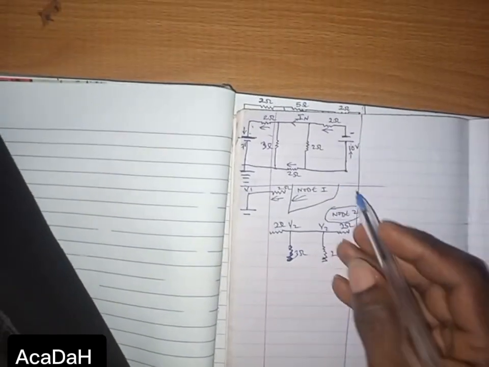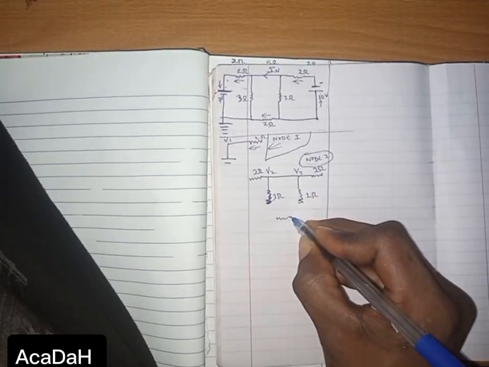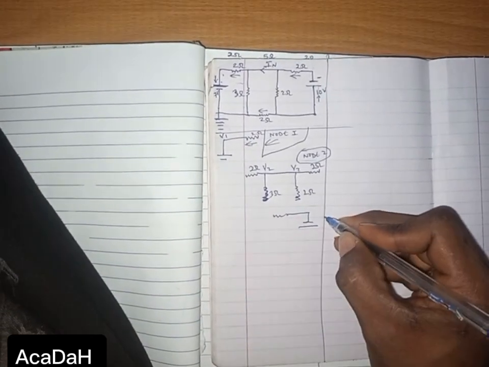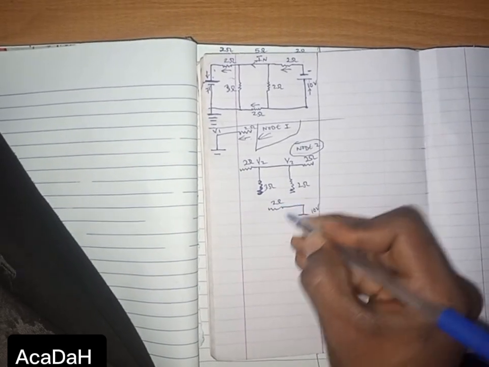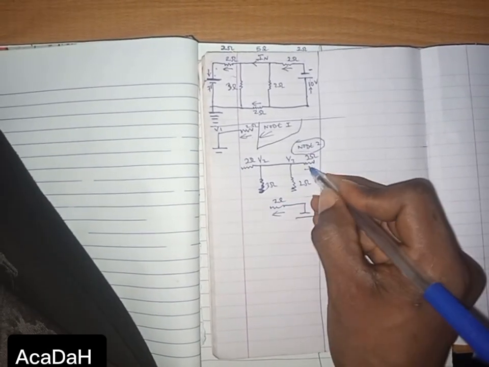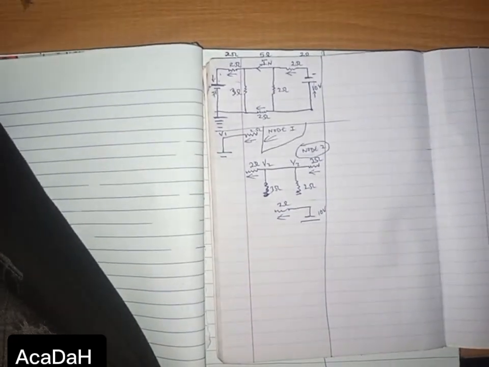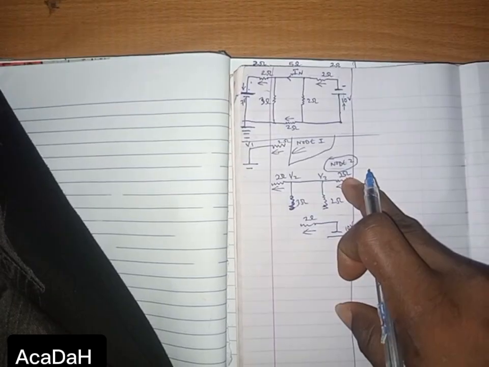Then the third node is starting from here to this voltage. This is 10 volts. This is the 2 ohm and it's moving in this direction. Now notice something. This 2 ohm that is here is the same ohm that is here.